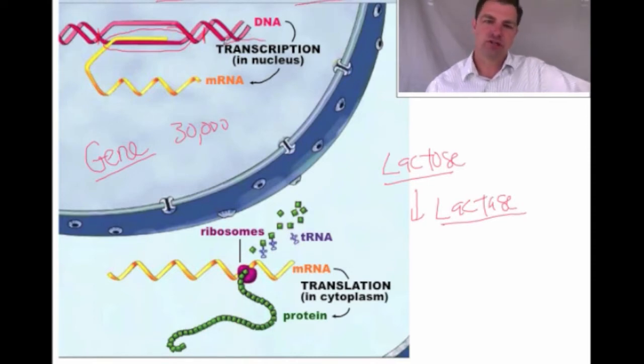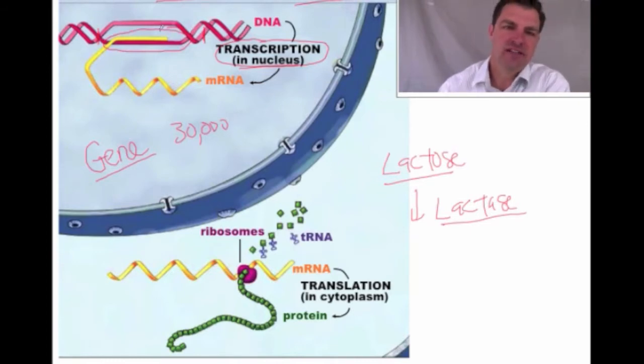The first part we'll do is called transcription, and in the case of a eukaryotic cell, that's going to take place inside the nucleus. So in a cell like yours, this process, transcription, takes place in the nucleus. This is the nucleus here, this is the cytoplasm down here, and this whole big thing would be one cell.